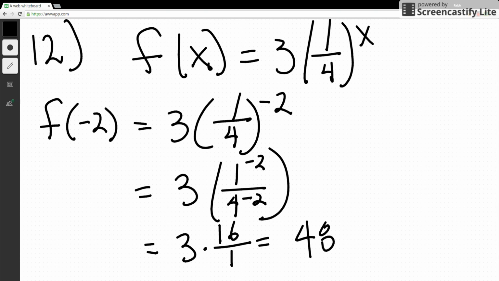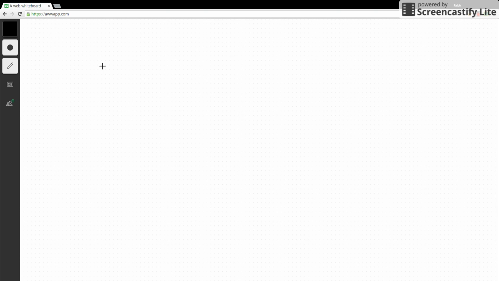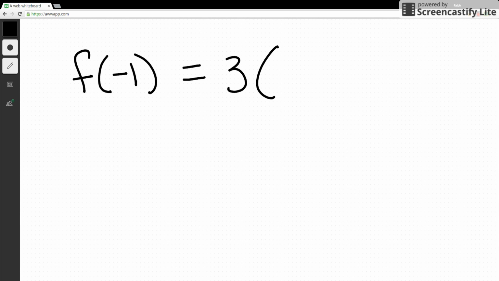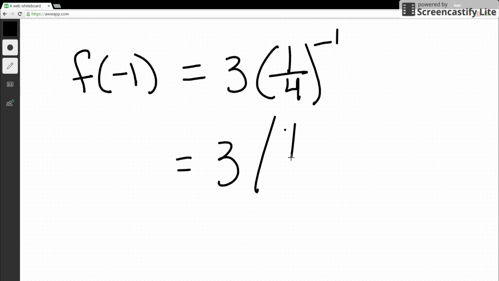Okay. And so let's do one more of those. So if I did like f of -1, that equals 3 times 1 over 4 to the -1, and then that equals 3 times 1 to the -1 over 4 to the -1.